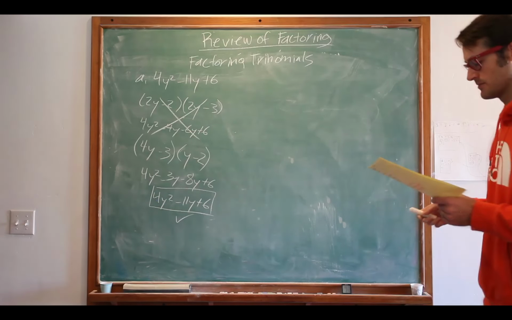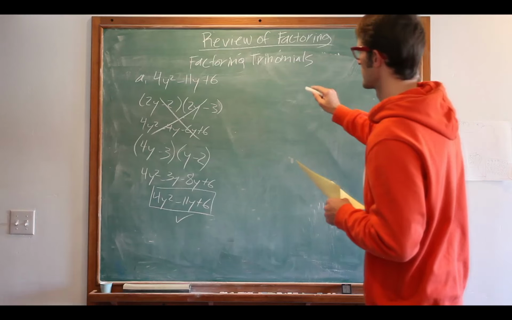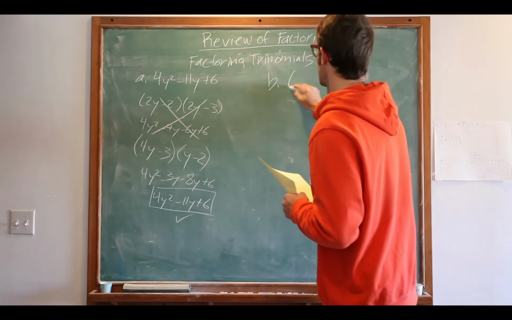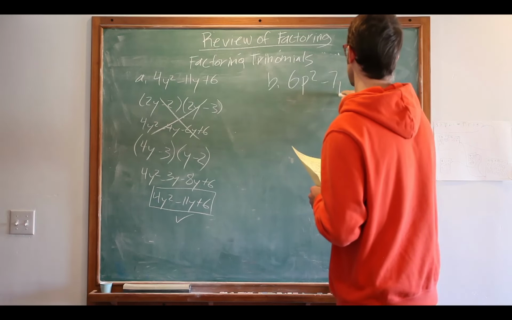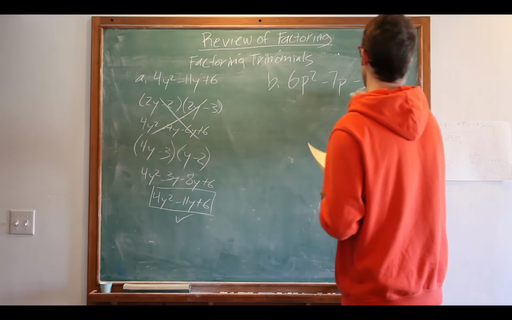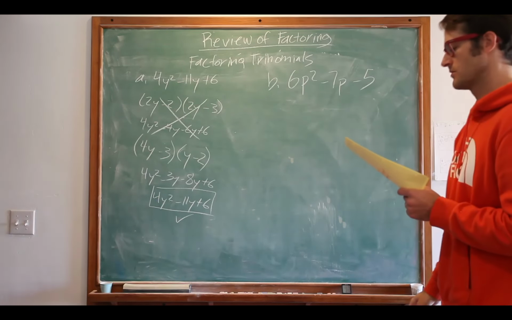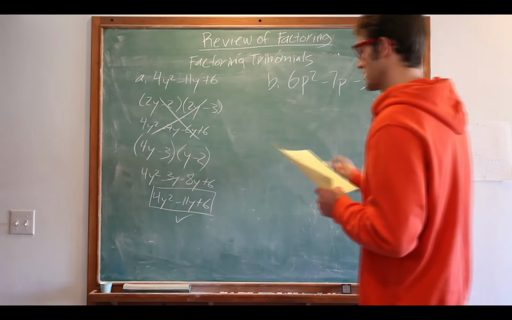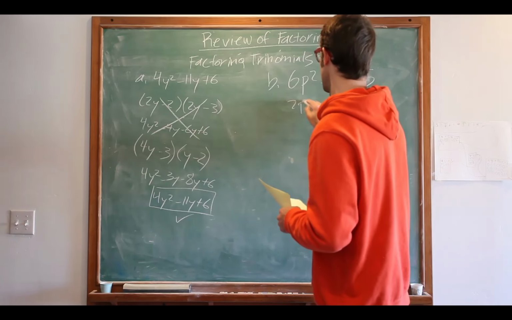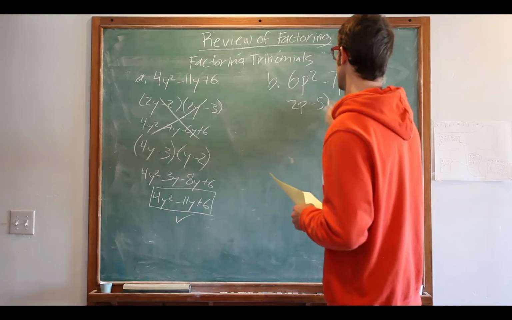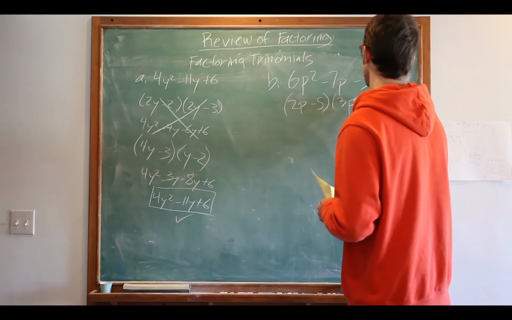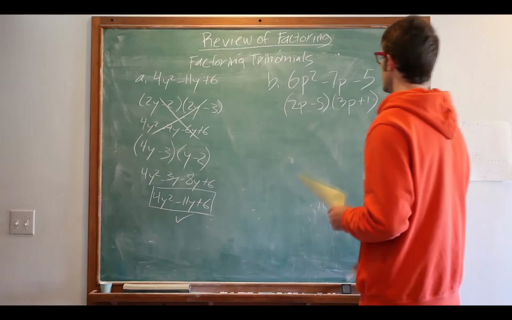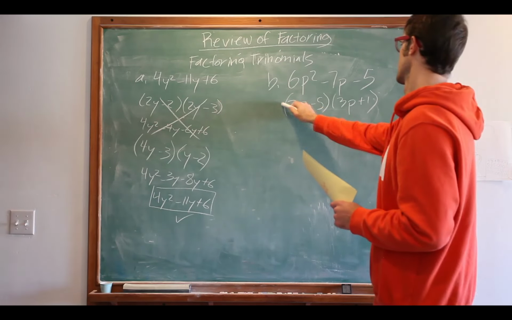Okay, let's do one more of these. 6p squared minus 7p minus 5. So my initial idea that I tried on this one was 2p minus 5 and 3p plus 1, but this didn't work.